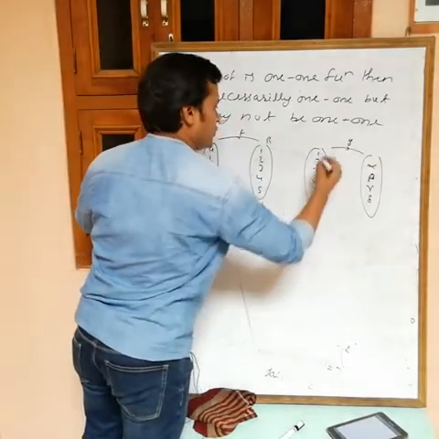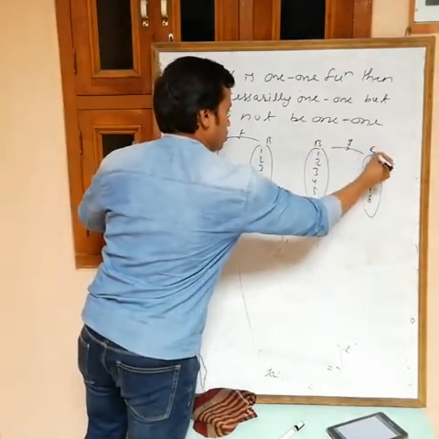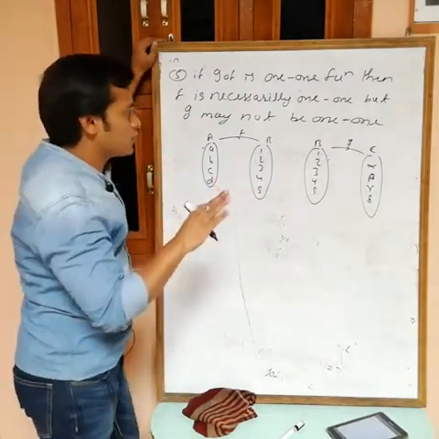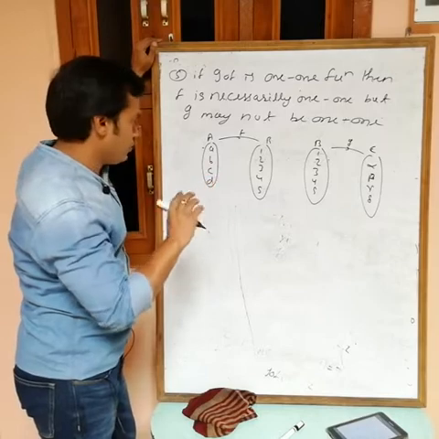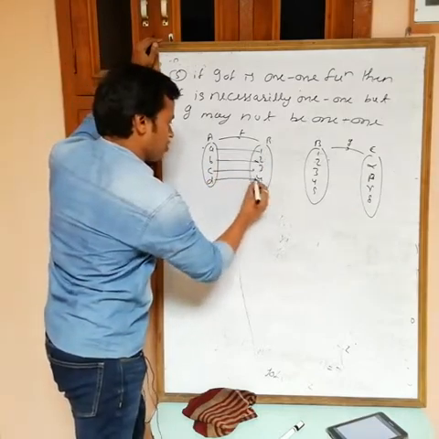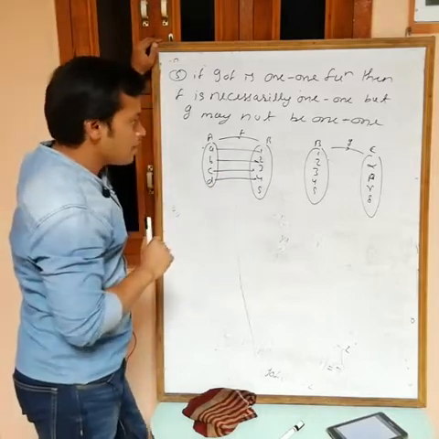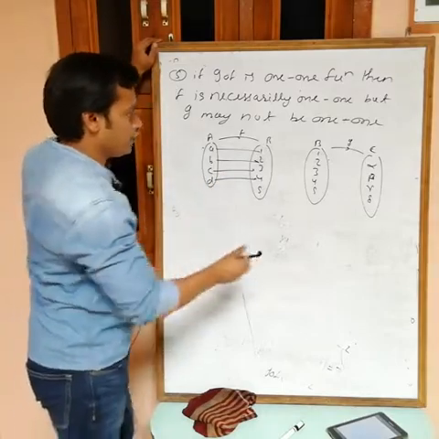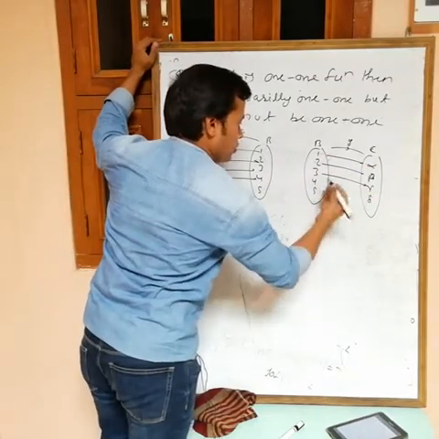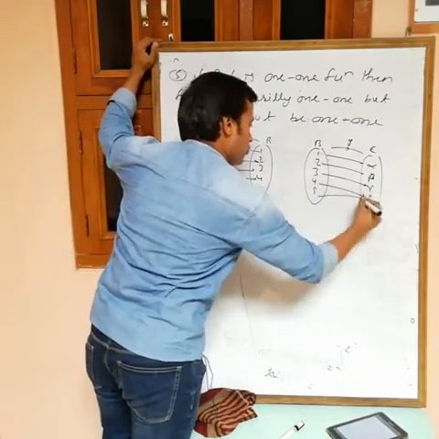This is g, B to C. Now I have to remember one thing, that gof must be 1-1, it means the value can't be repeated. So suppose a to 1, b to 2, c to 3, d to 4. Now g: 1 to alpha, 2 to beta, 3 to gamma, 4 to delta, and 5 to delta also.